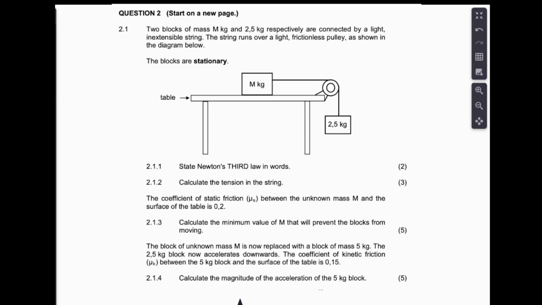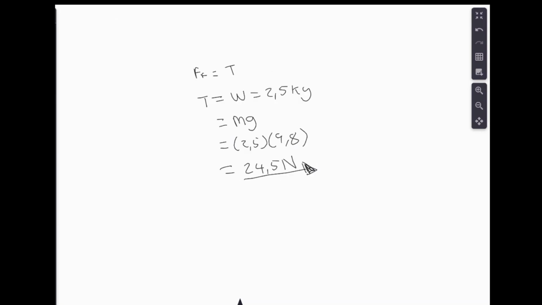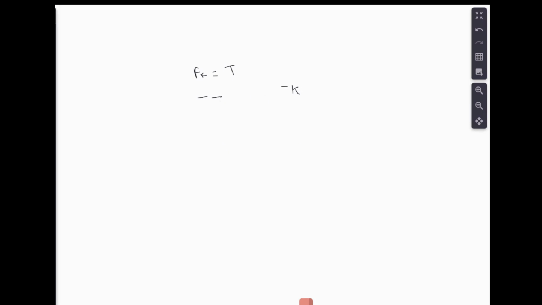So, what we have said here is that the frictional force is equal to the tension, and now we know the tension to be 24.5. So again, the frictional force is equal to the tension. Now, we can say that the frictional force is equal to weight multiplied by the coefficient of friction.